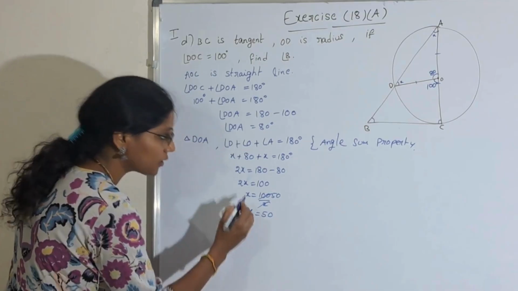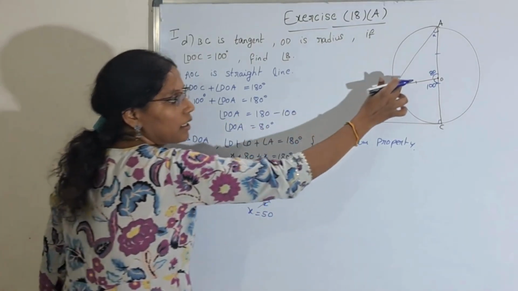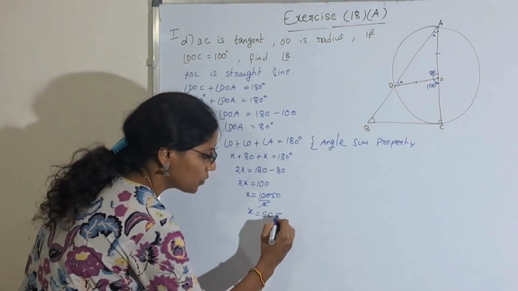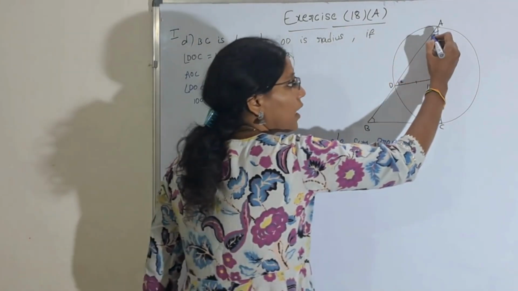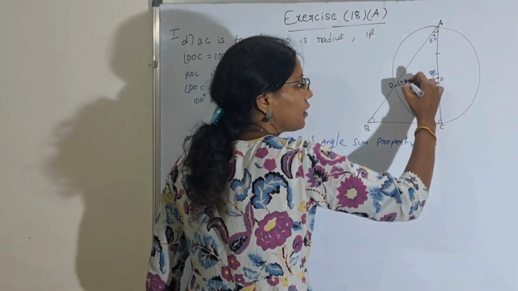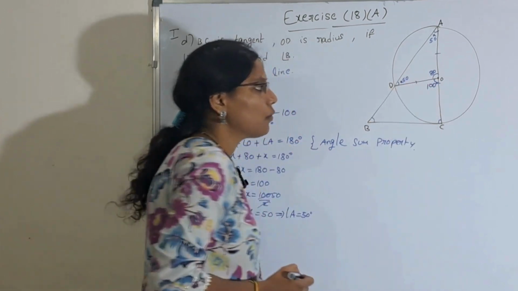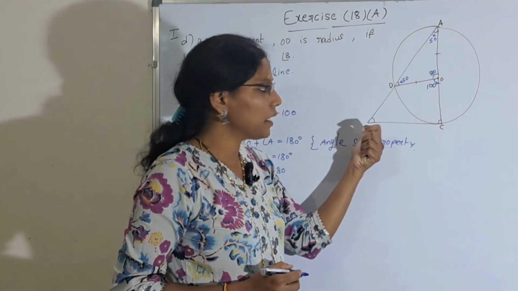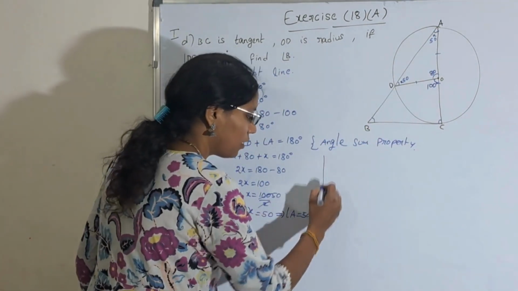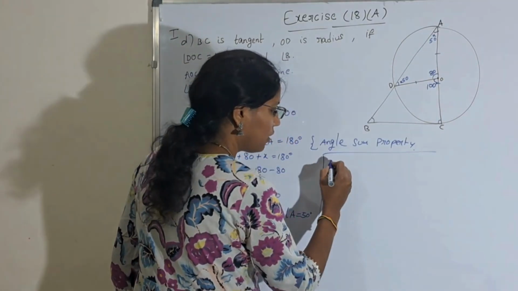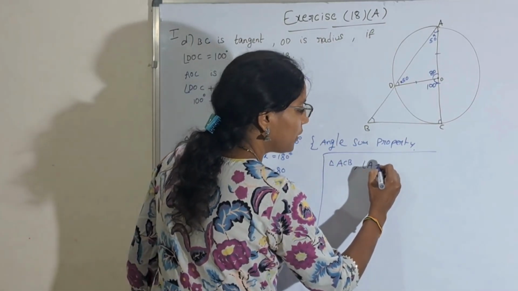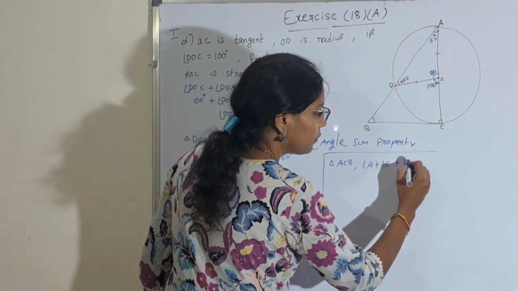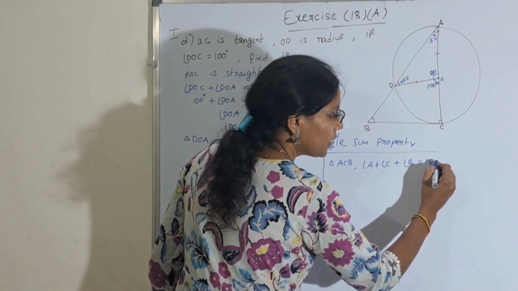What is x? Angle D and angle A. So angle A is equal to 50 degrees. This angle we want. Here 50 degrees and here 50 degrees. Now we have to consider triangle ACB. Angle A plus angle C plus angle B is equal to 180 degrees.